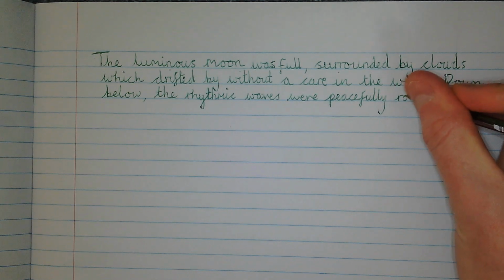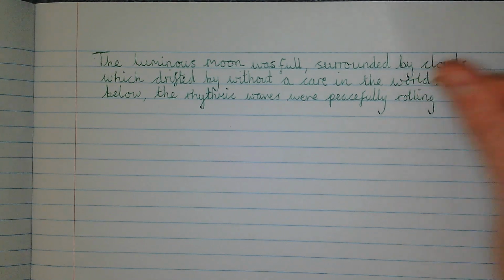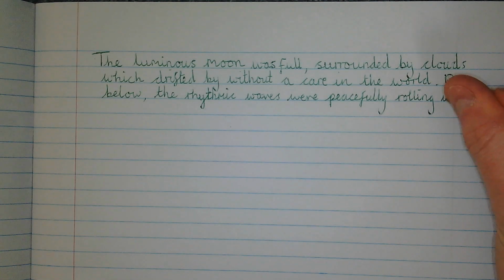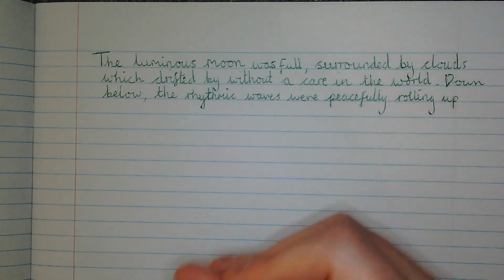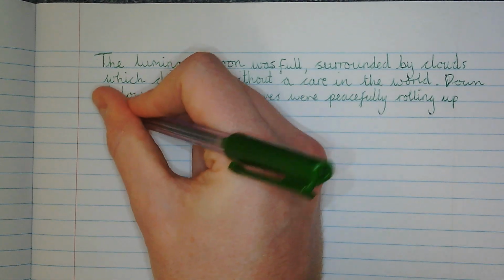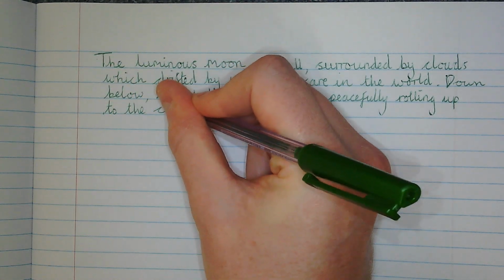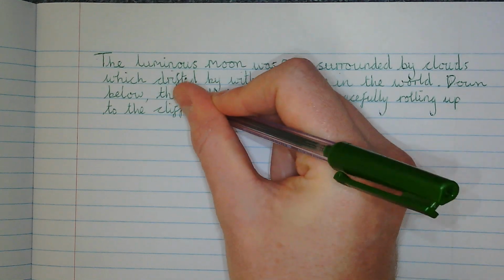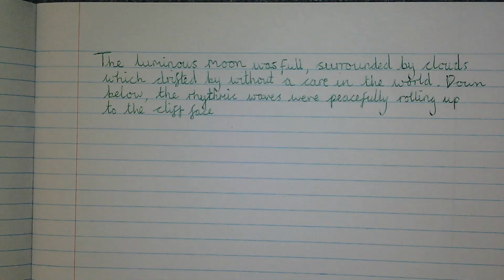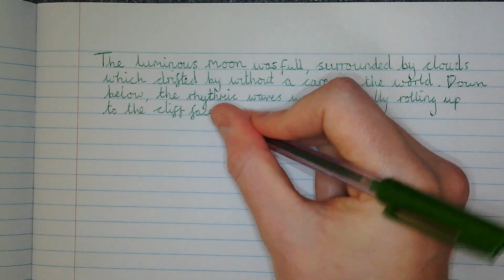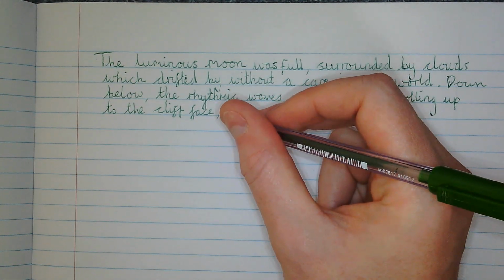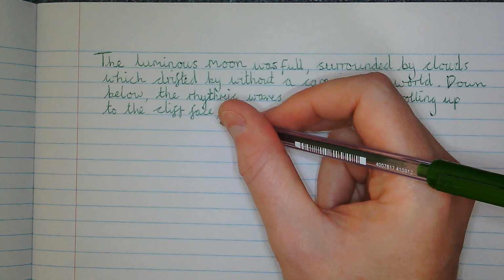Peacefully, and they seem to roll as well, so I'm going to go for rolling up to the cliff face. As I'm pausing, it's because I'm looking back at the video. I can't stress enough, it's very, very important that you have the video open at the same time. It will really support you with this. So they're rolling up to the cliff face.